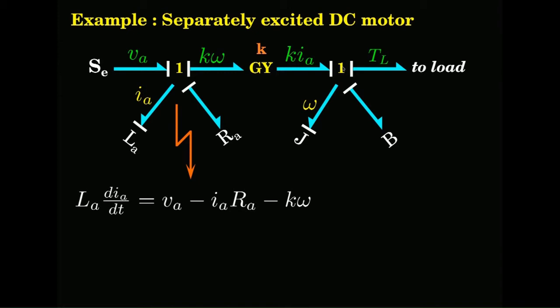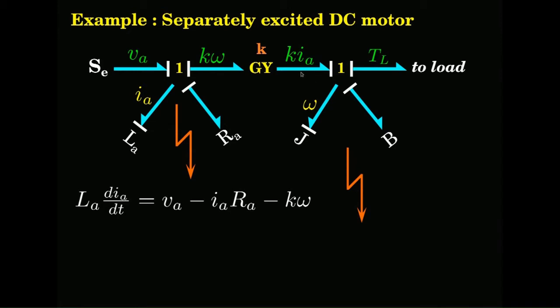Now, look at the other junction. Here the decider bond is here, and we need to know the effort here. You do not have to worry about the domain, just talk in terms of efforts and flow, you will get your equations, whether mechanical or electrical. There is one bond going into the junction, and these bonds going out of the junction. All these efforts determine the effort of this bond.